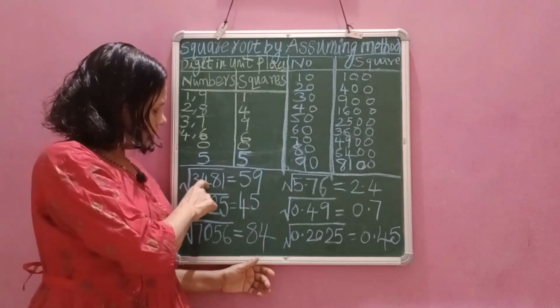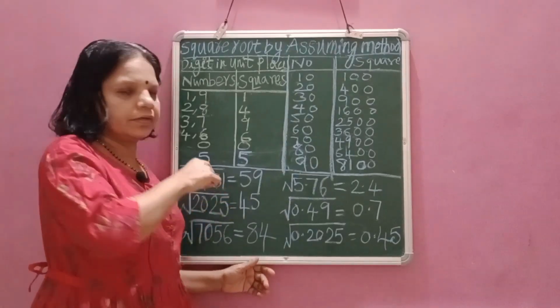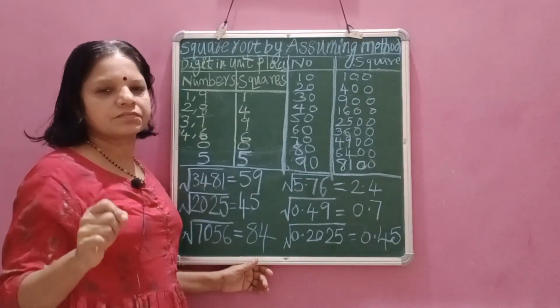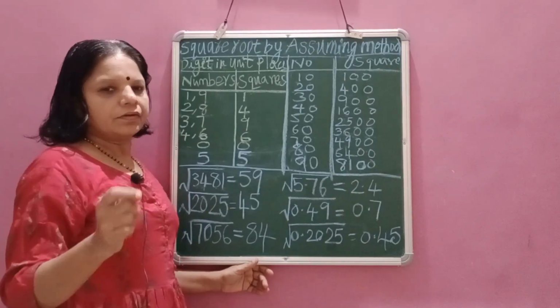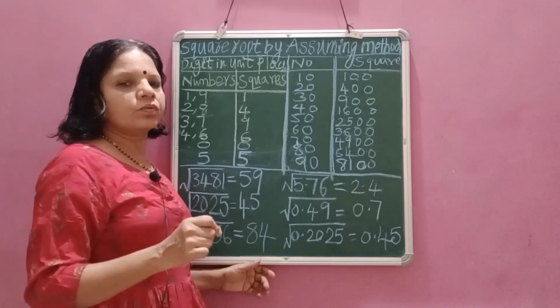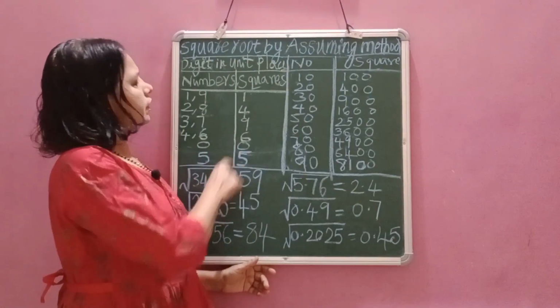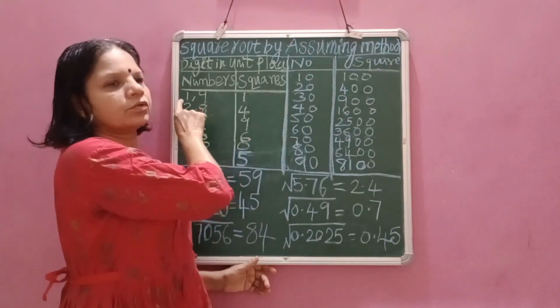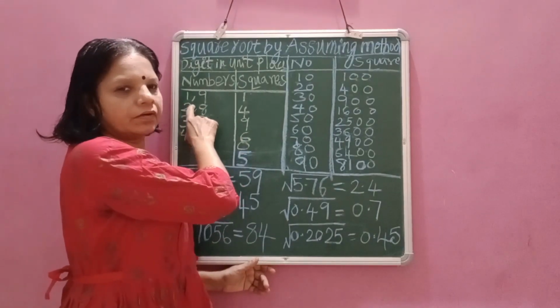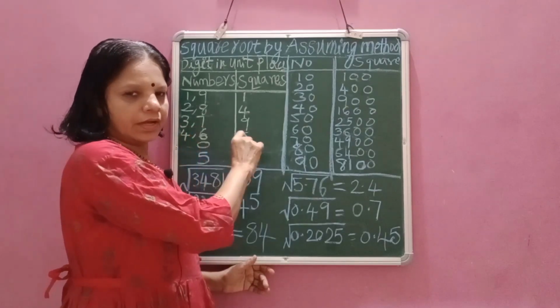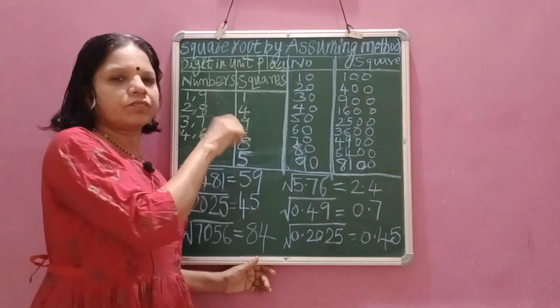Here the square root of 3481 will be in between 50 and 60. Now look at the digit in the units place. It is 1. If it is 1, there are two possibilities, 51 or 59. It can be either 51 or 59.